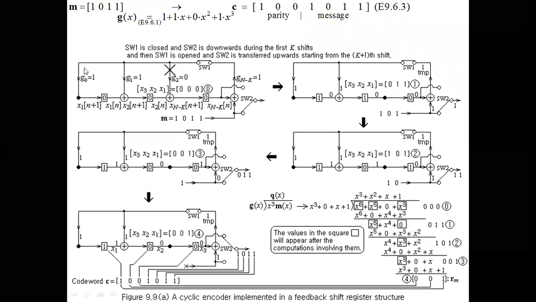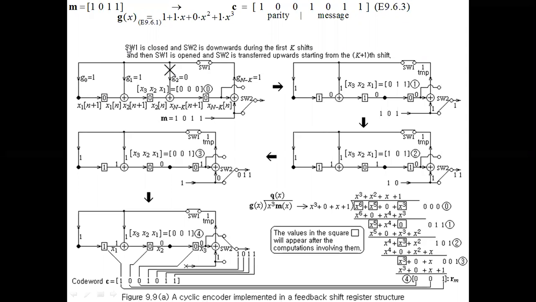The first value is given as the generator polynomial x power of 0 value. What is the x power of 0 value?